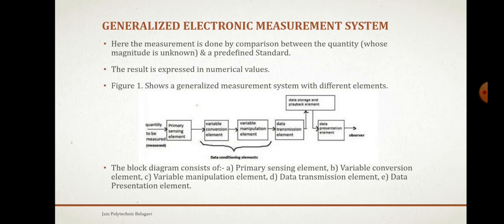So first, transducer or primary sensors. The transducer or primary sensor senses the quantity under measurement and changes it into an appropriate electrical signal.